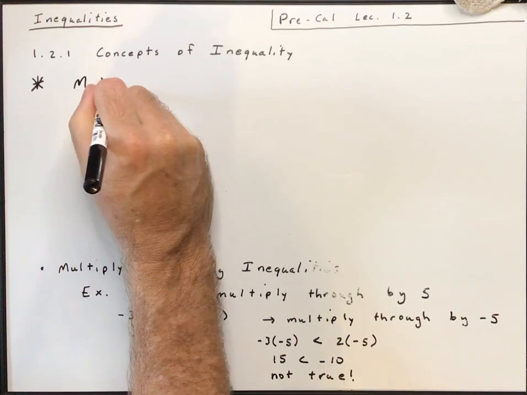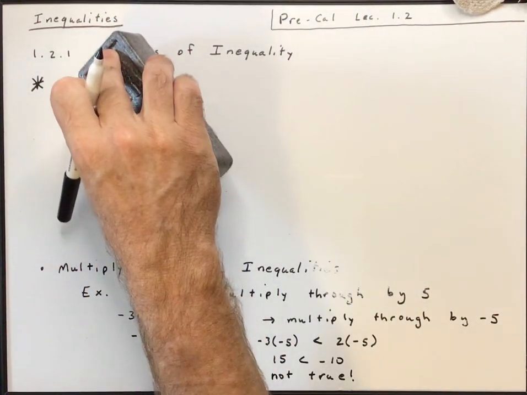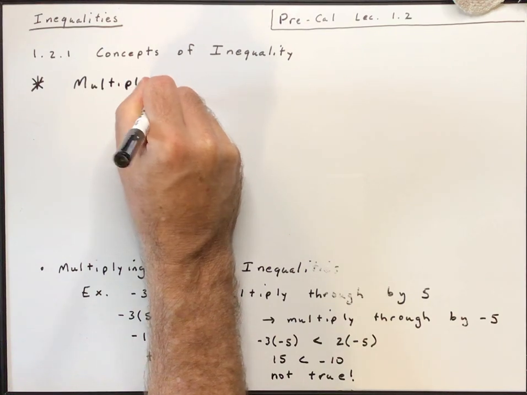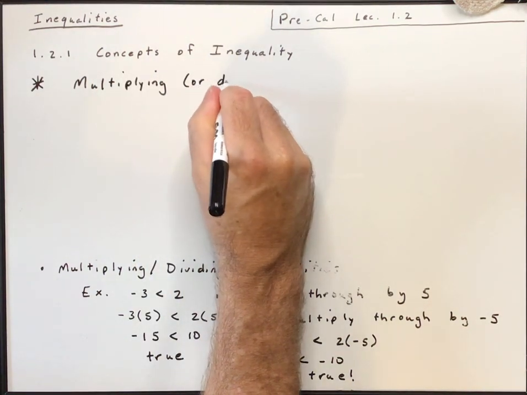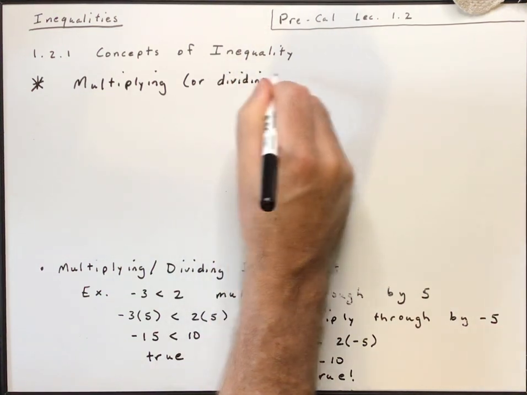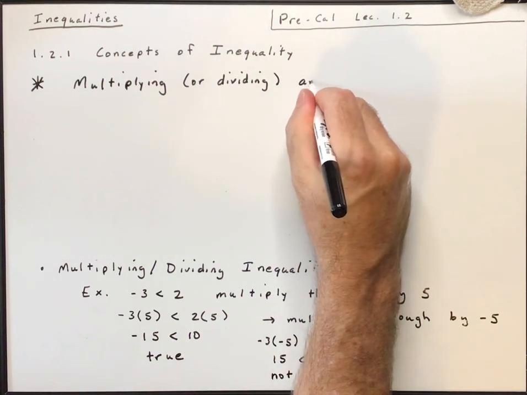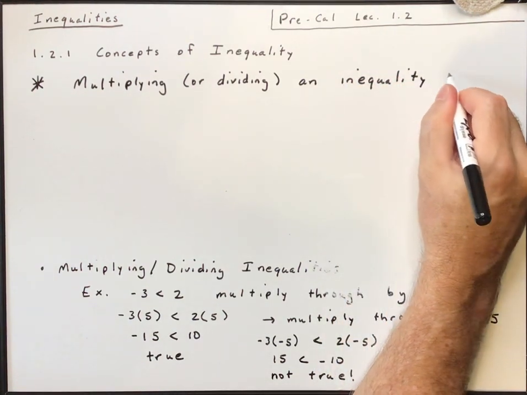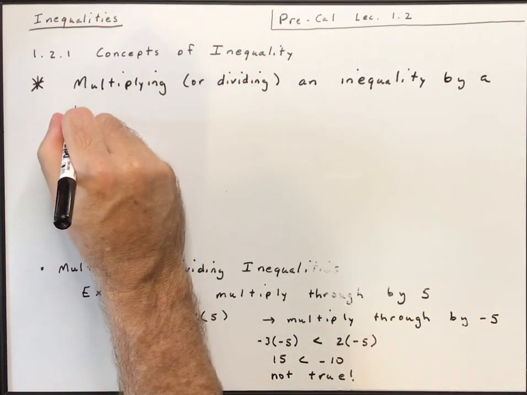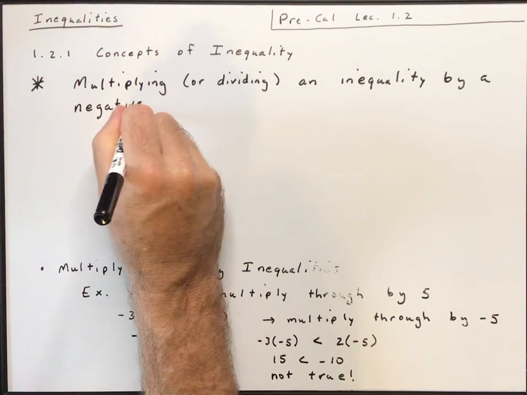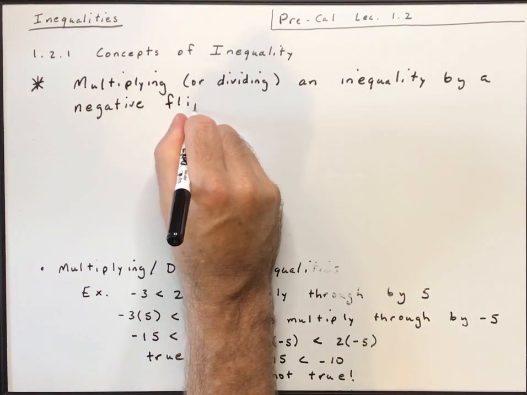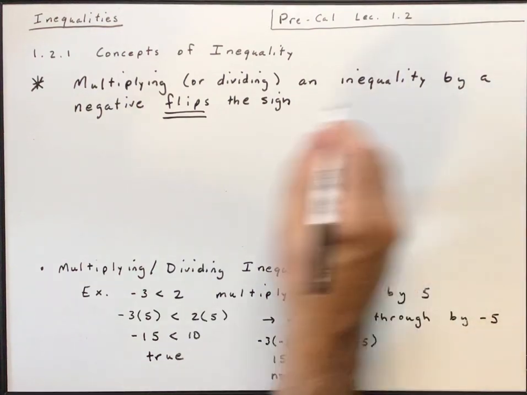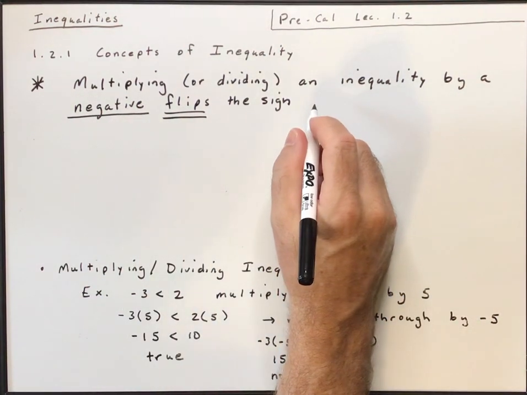Multiplying or dividing an inequality by a negative flips the sign. Can't forget to do that.